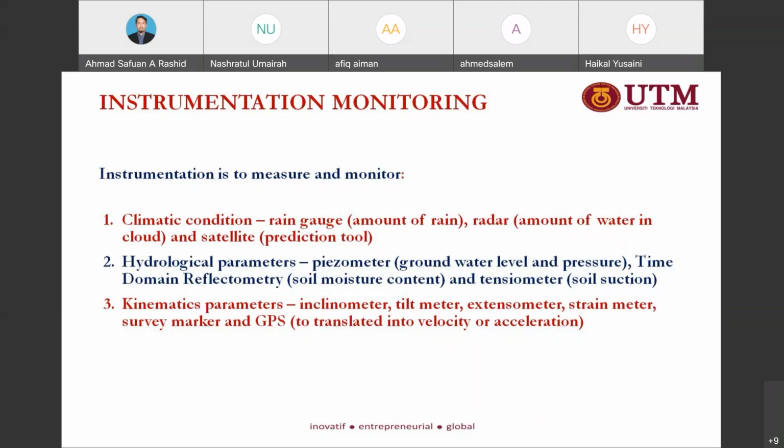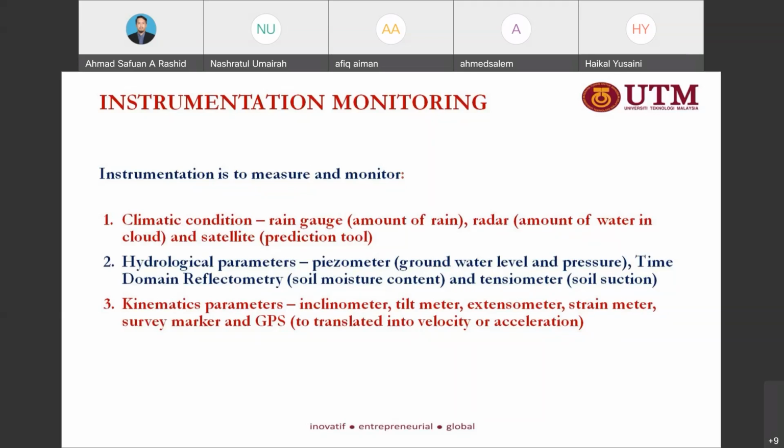So for the kinematic parameter, we have several types of measurement. Inclinometer to determine any incline happening on the slope or any horizontal movement. Then we also have a tilt meter, to determine the same horizontal movement.